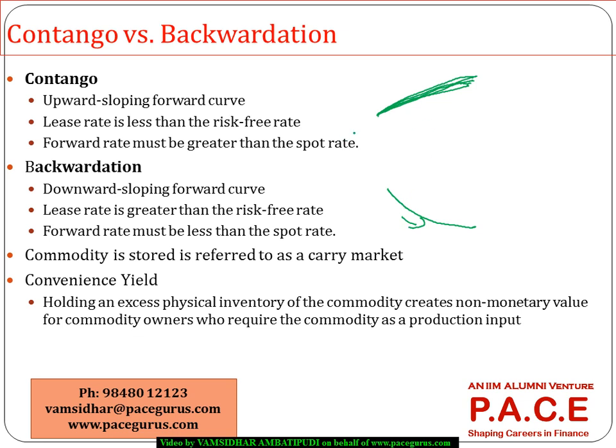So now look at the lease rate. There is no one who would be ready to borrow gold and then sell it, because any person who is borrowing and selling it does so with the intention that the prices will drop drastically, so let me take advantage of that situation.